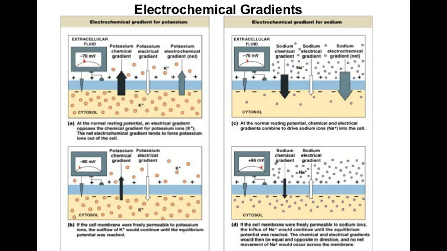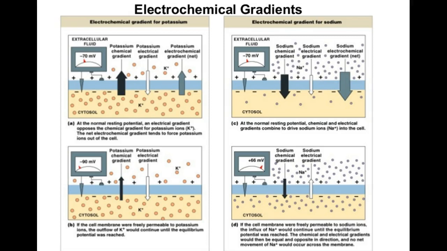So you saw in the last one that potassium and sodium are both positively charged, but they're not the same chemical. So they could actually balance out the resting membrane potential based on their positive charges. So the positive and negative charge can be balanced out, but the chemical gradient is not balanced.